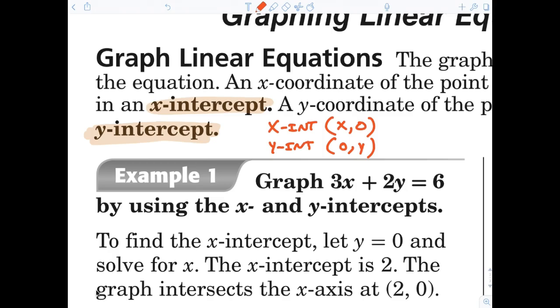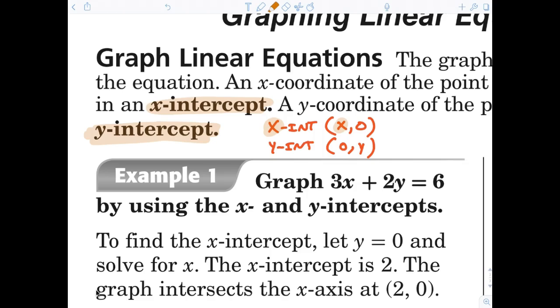For those of you who have a hard time understanding that, to find the x-intercept, we're trying to find an x value, an x coordinate. The y value will always be what? 0.